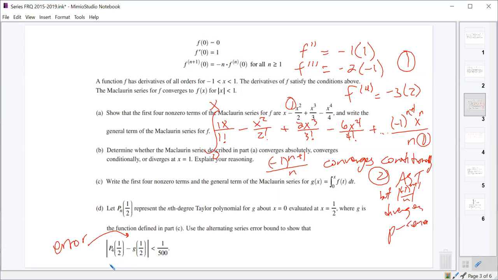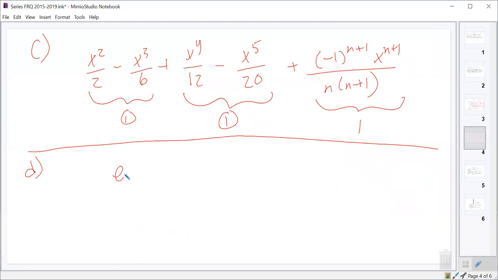And so if we're talking about a fourth degree Taylor polynomial at 1/2, our error should be less than or equal to the next term, since it's the alternating series test. So that should be the term with the fifth degree in it. So that should be less than or equal to the absolute value of (1/2)^5 over 20, which is, what is that? 32 times 20 is 640, 1/640.